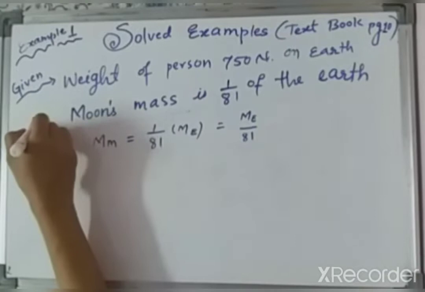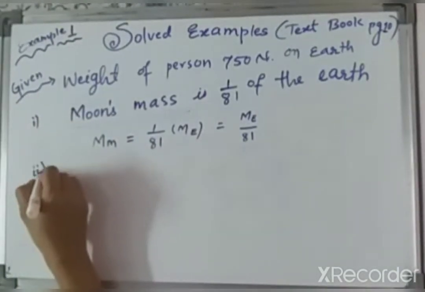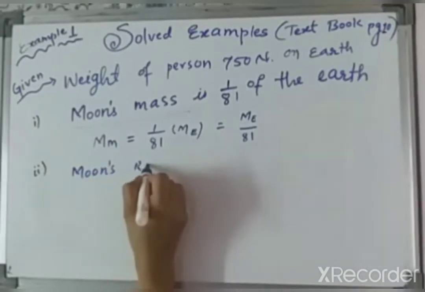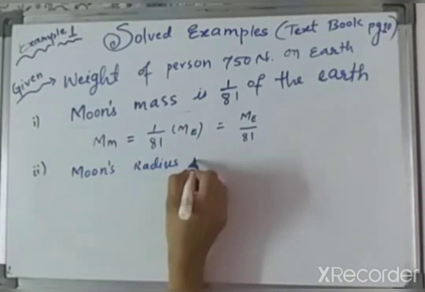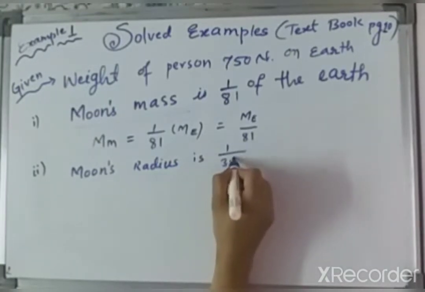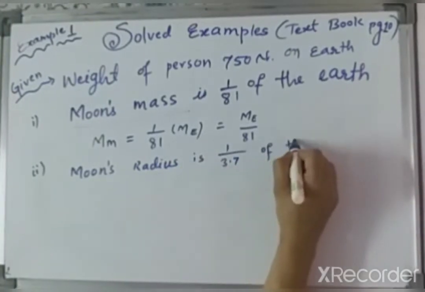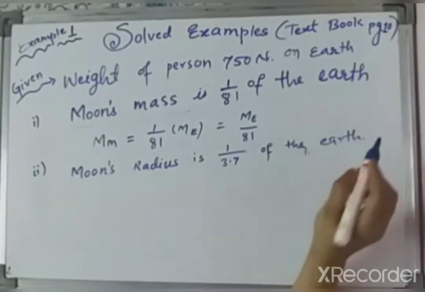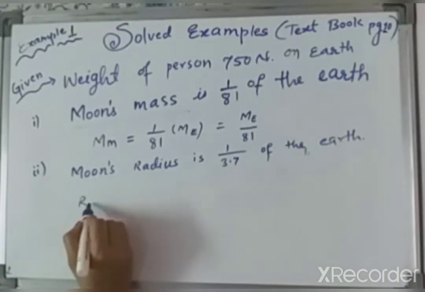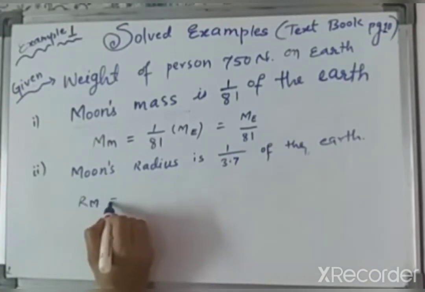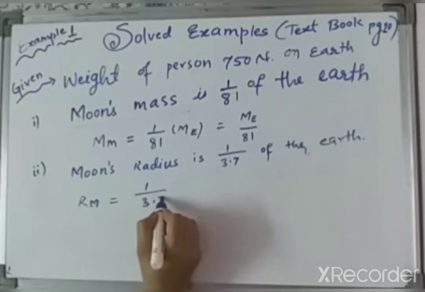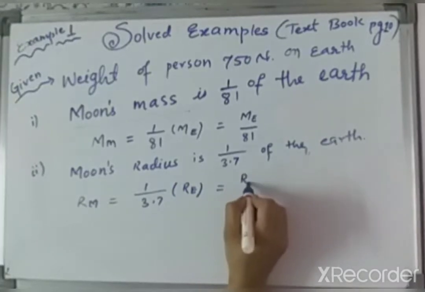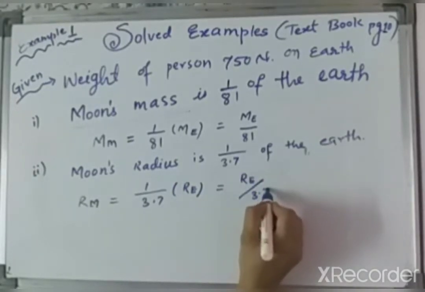The second thing given is the moon's radius is 1 upon 3.7 of the earth. It means the radius of the moon is equal to 1 upon 3.7 of the radius of the earth, that is, radius of earth upon 3.7.